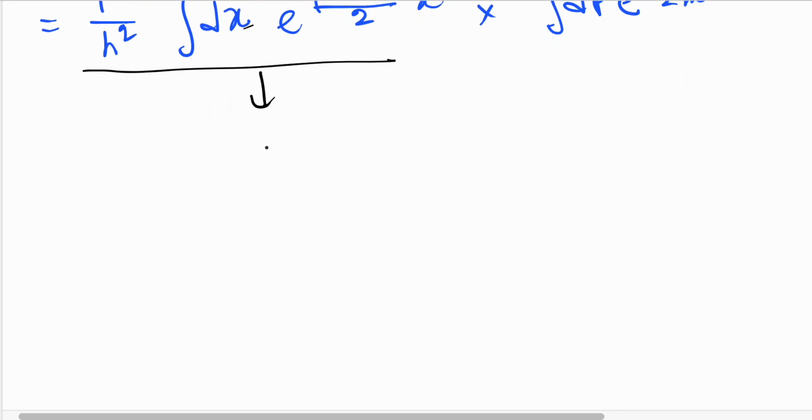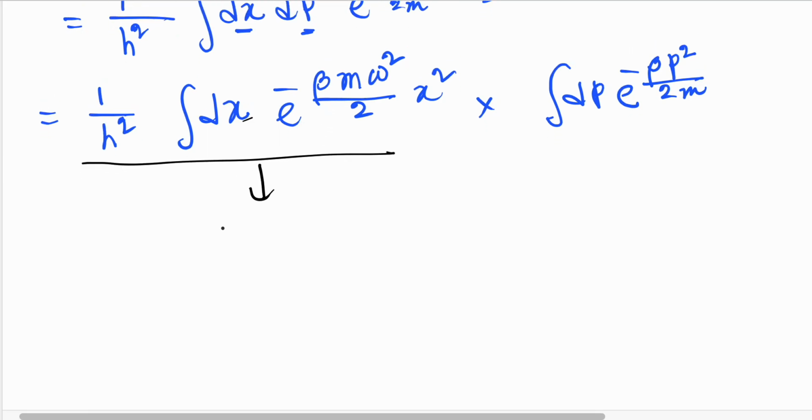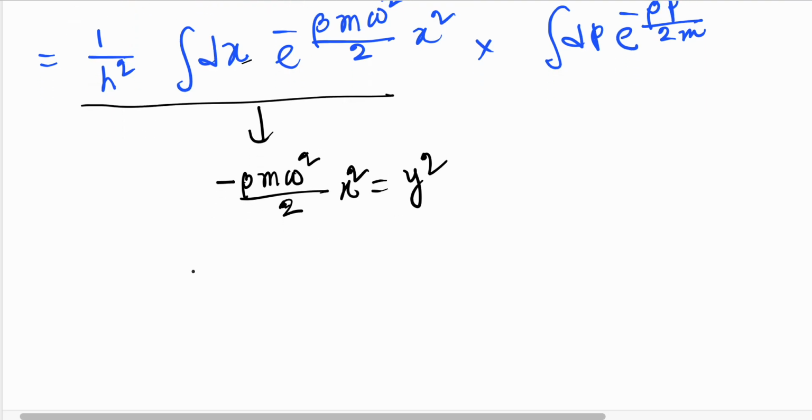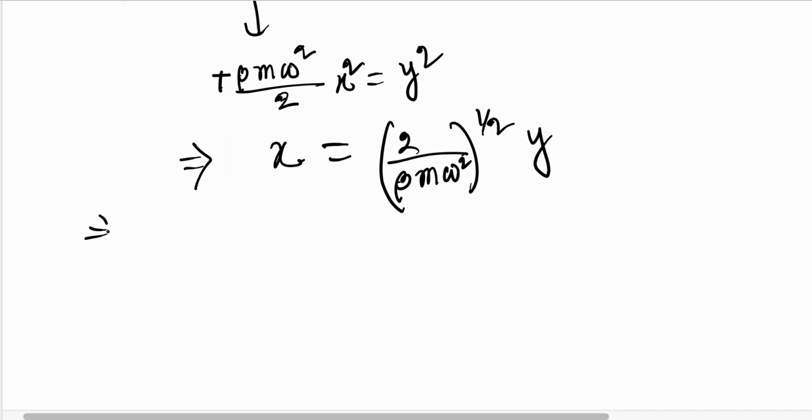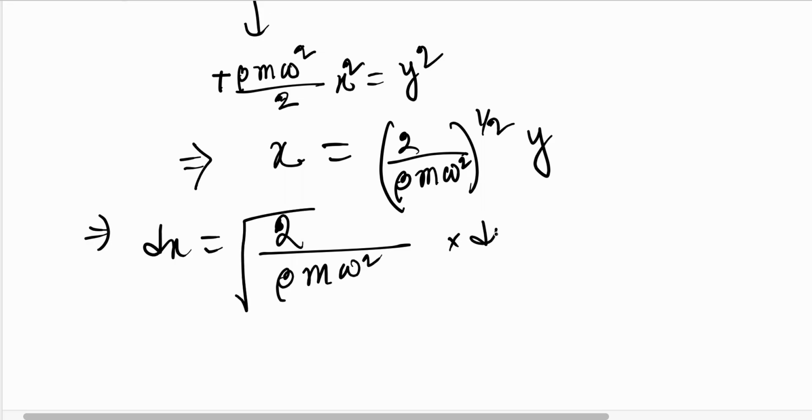Assume that beta m omega square by 2 x square equals y square. That means x will be 2 by beta m omega square to the power half into y, so dx will become root of 2 by beta m omega square into dy.